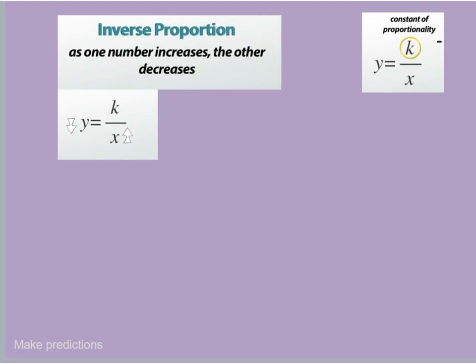So if I have two values, a y and an x, I want to solve and get the constant on one side of that equation. So in order to do that, I'm going to multiply both sides of this by x. So the x's cancel here, and I'm going to get xy is equal to k, which is the constant.